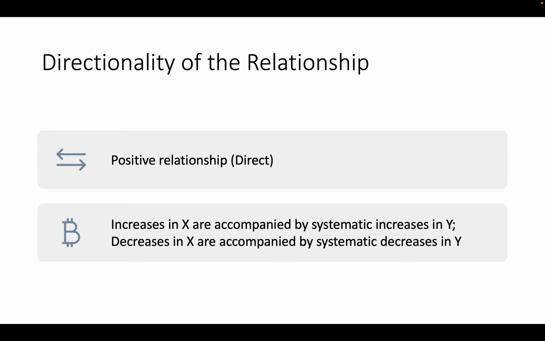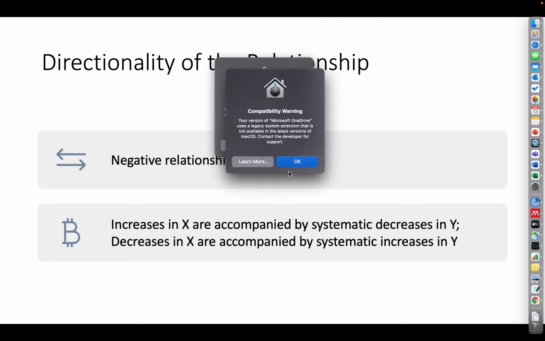Now the direction of the relationship. For a positive direction of the relationship, increases in x are accompanied by a systematic increase in y. In the same vein, decreases in x are accompanied by a systematic decrease in y. Everything is moving in the same direction. Now, negative relationships can be viewed as inverse relationships.